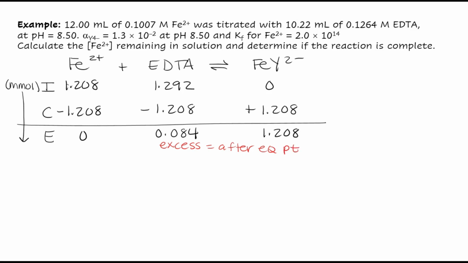We'll be using the mass action expression for our conditional formation constant K prime F. So let's just write that down. K prime F equals FeY2- divided by Fe2+ times EDTA.